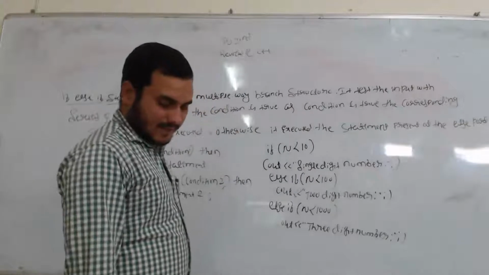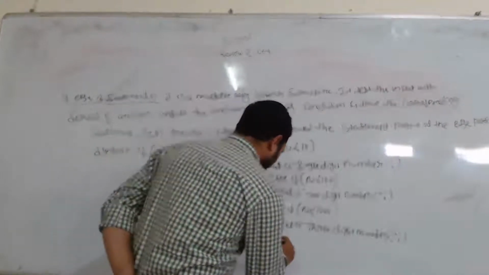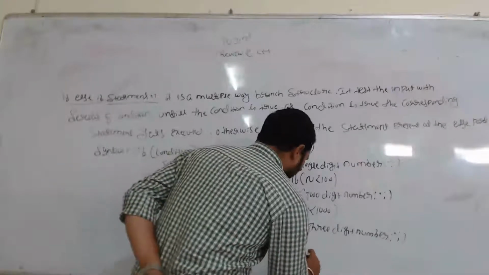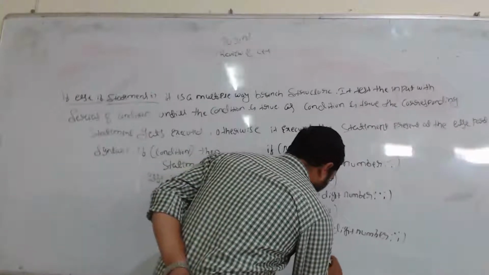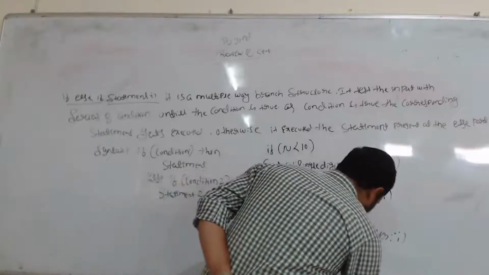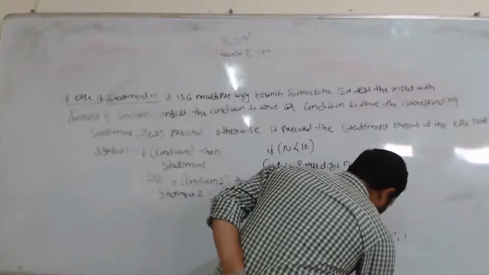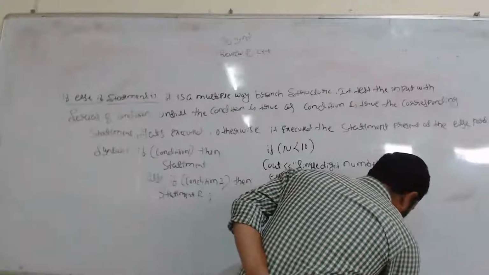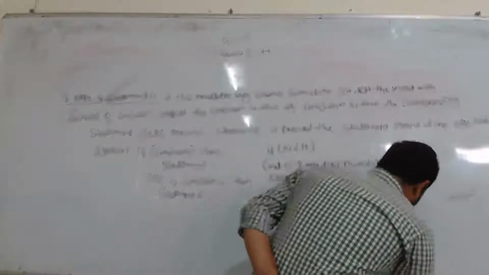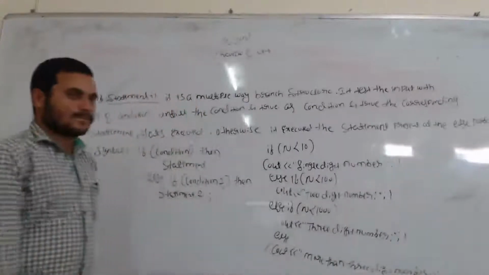Okay, else print more than 3 digits number. Now this statement is executed.